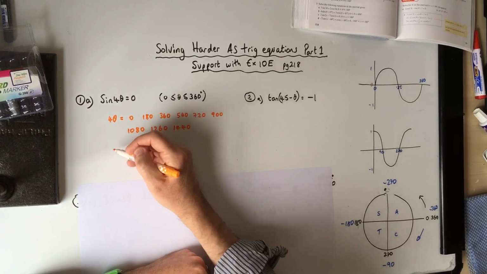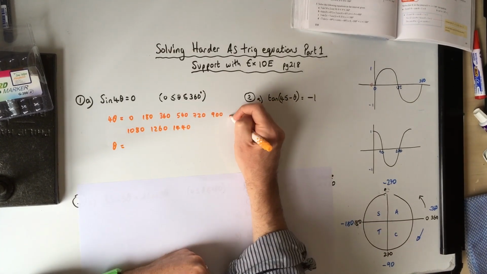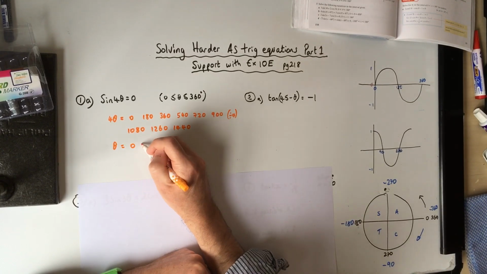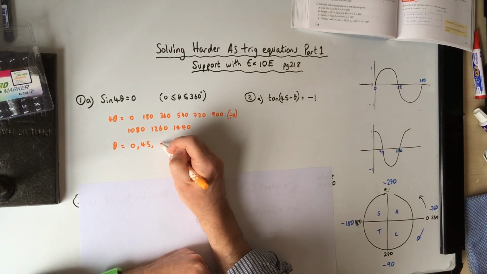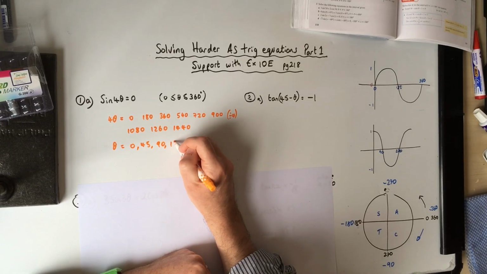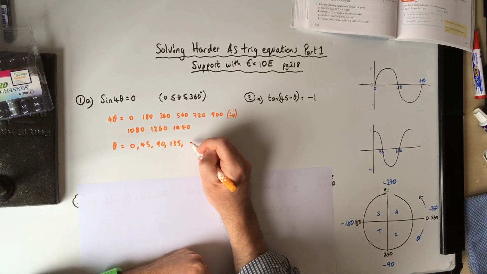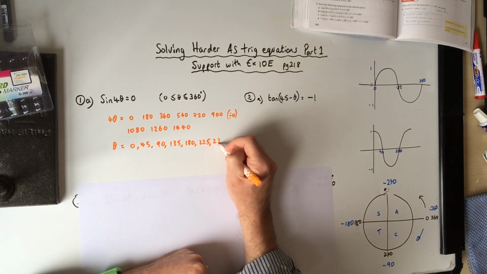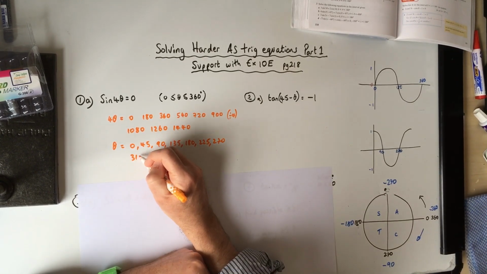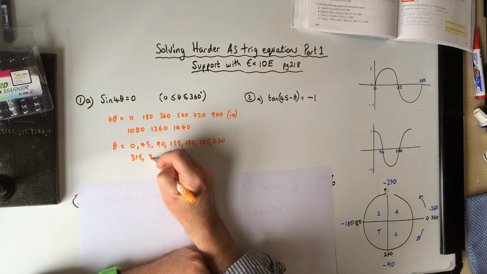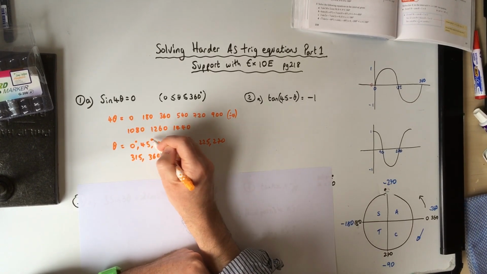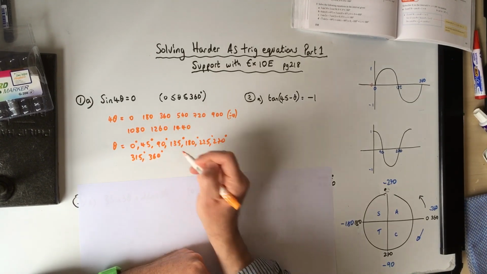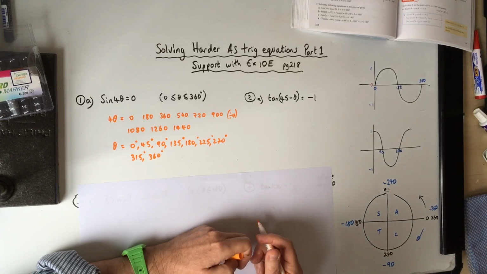Then I'm going to divide all of those by 4 like we would do with a normal equation to get our values of 0, 45, 90, 135, 180, 225, 270, 315 degrees and 360. And if this was in an exam, of course, I'd put my little notes on the end there, just to make it all good and proper.